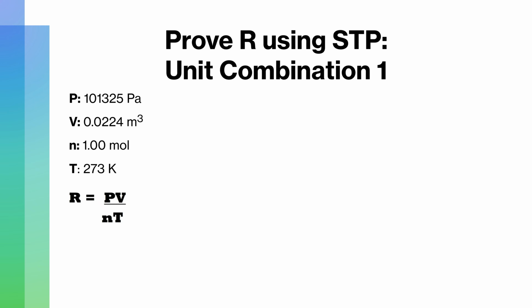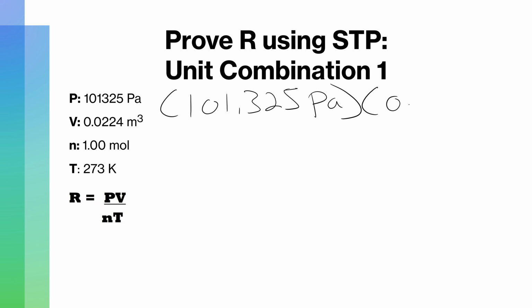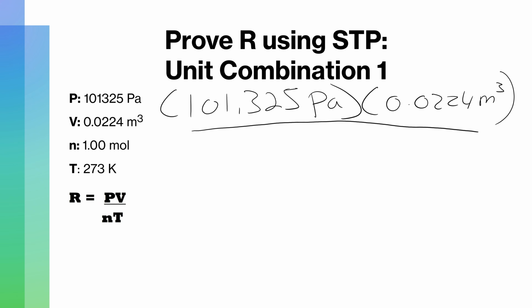So for pressure, we have 101,325 pascals. And we're going to multiply that by a volume of 0.0224 cubic meters. And we're going to divide that by an amount of 1.00 moles times a temperature of 273 Kelvin.